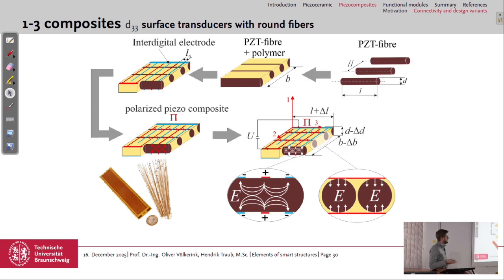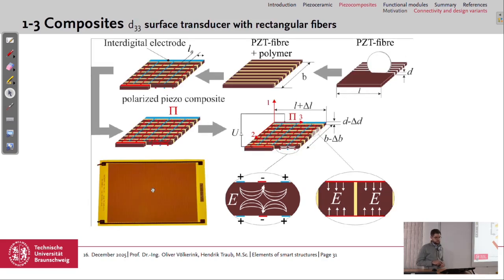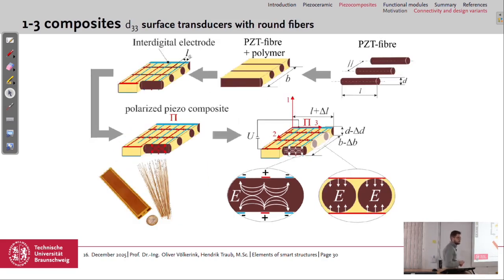Elongation and field direction are the same. Here are the fibers, and here is the manufactured transducer where the fibers are in. In the middle, it's maximum. So here in the middle, it's straight.